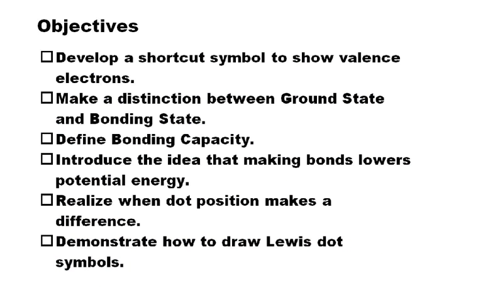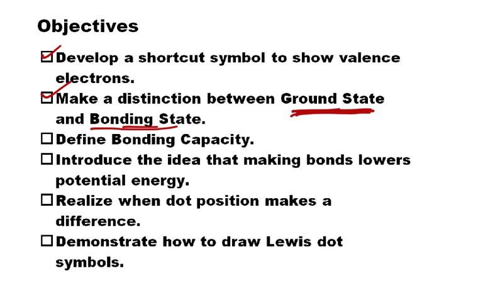So going back over our objectives, we developed a shortcut symbol, the Lewis symbol, using dots. We make a distinction between the ground state and the bonding state. Ground state is filling the S first and then doing the P's if the atom has no chance of making a bond.